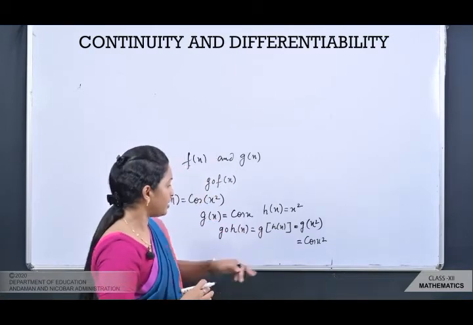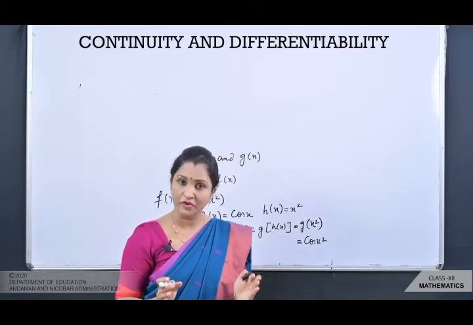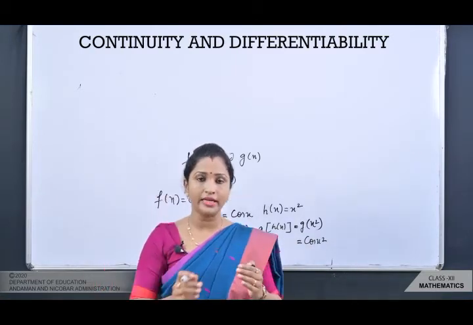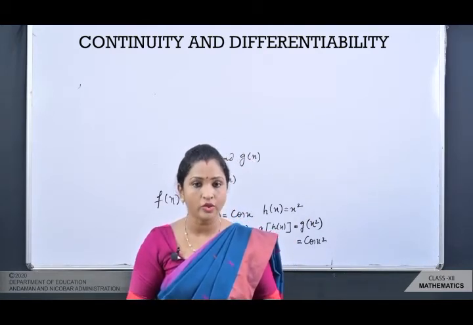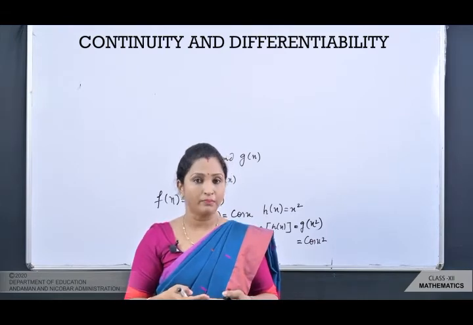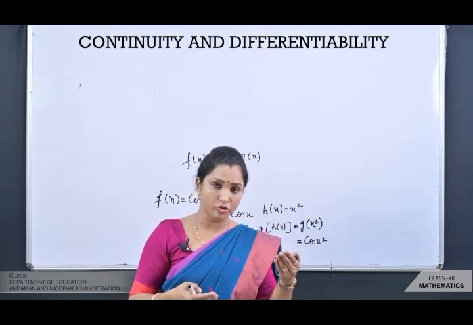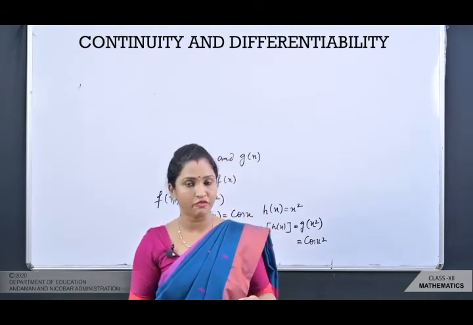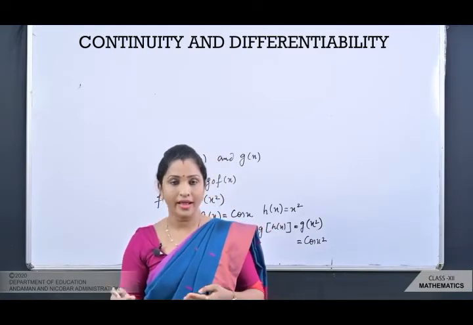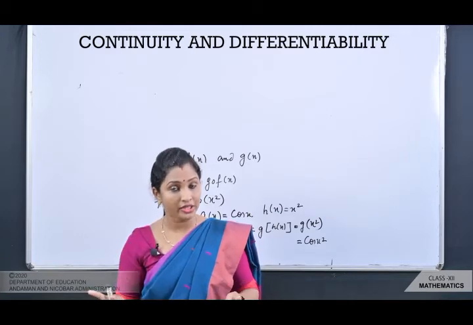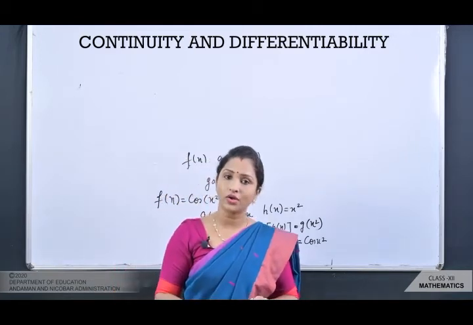Hence you can say that cos x square is a continuous function. So you can write down theoretically, you will have to write a little here that composition of functions are continuous, because cos x square is a composition of 2 functions, g(x) and h(x), where g(x) is cos x and h(x) is x square, and since cos x and x square both are continuous, hence cos x square is also continuous.